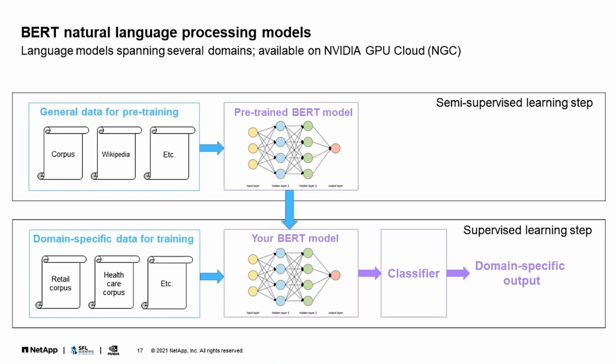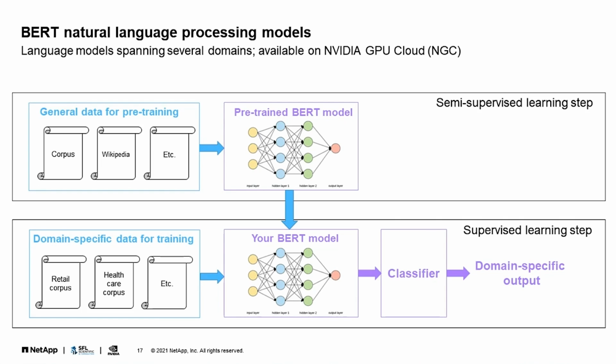No matter which of the BERT models you want to use, base or large, they undergo the same training process. First, they need to be pre-trained in a semi-supervised way with a huge dataset like the Wikipedia corpus.